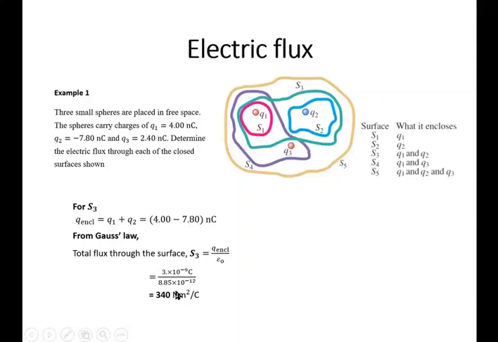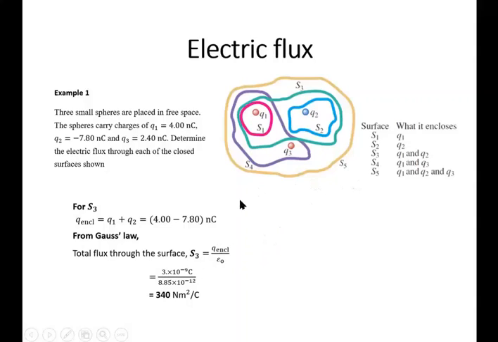But the correct thing is that we have to sum up all the charges within the surface. We have positive 4, then we have negative 7.8. We sum them up algebraically and we get negative 3.8 times 10 to the power negative 9. Try it yourself and let's discuss.